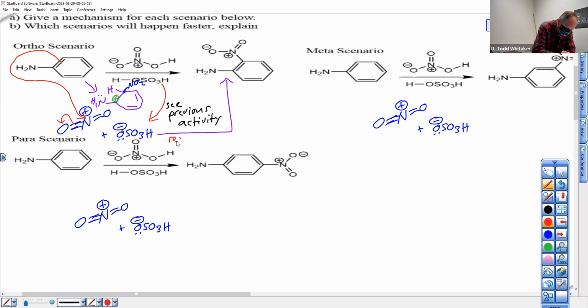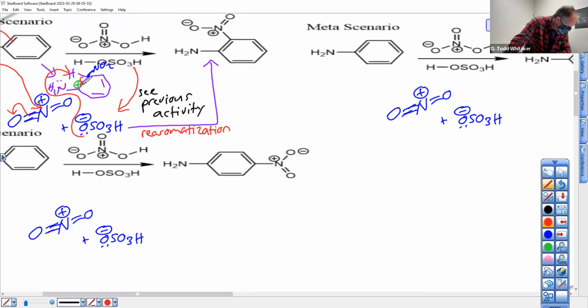Are you surprised by that name? It's becoming aromatic again. And OSO3H minus is picking up that proton. Sigma becoming pi, end of story. Very small arrow. But it was a good arrow.